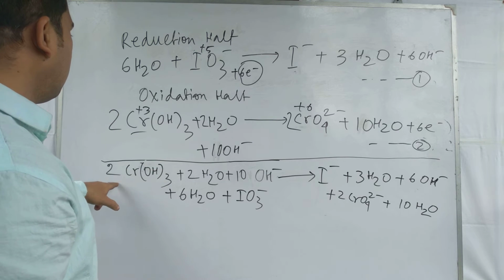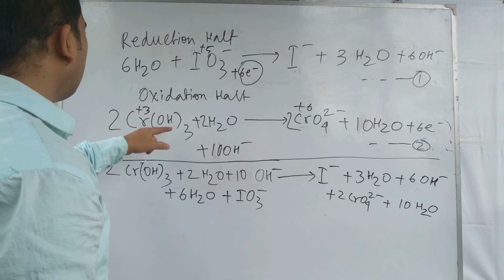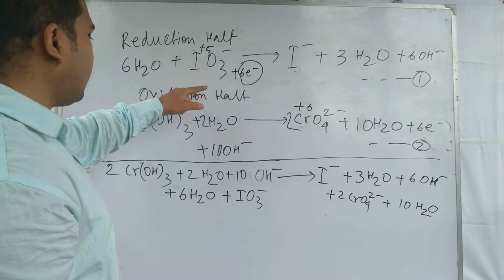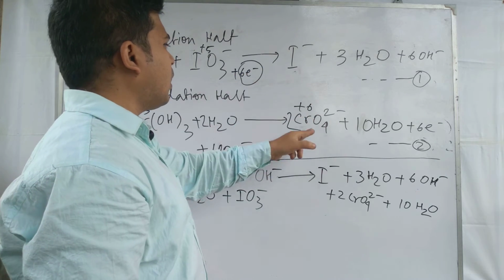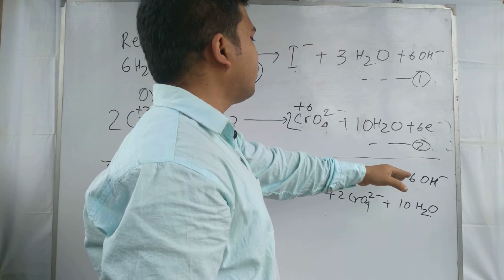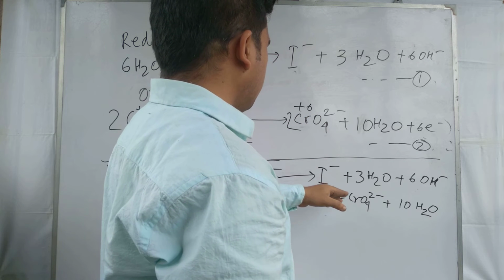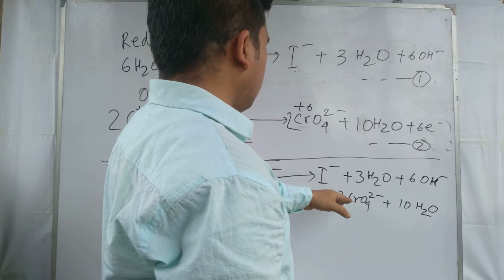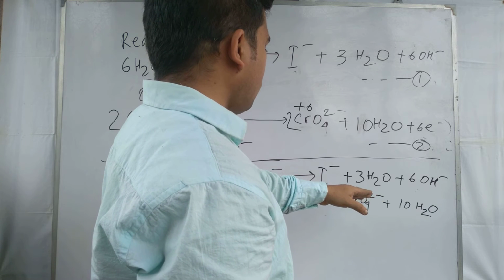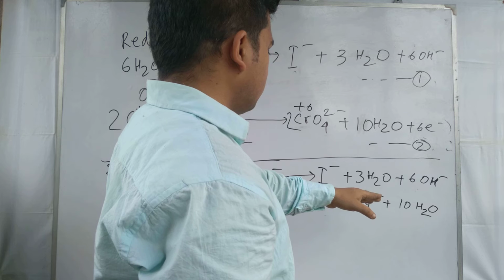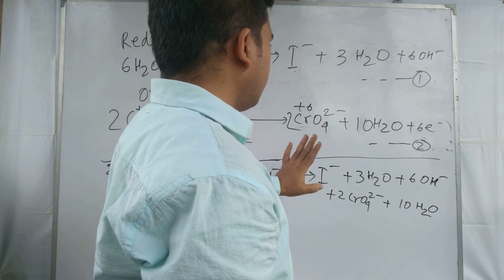So we recheck that we are doing it correctly. Chromium hydroxide, 2 H2O, 10 OH minus, 6 H2O and iodate on the left, and here iodide, then 3 water, 6 OH minus and 2 CrO4 2 minus and 10 H2O.